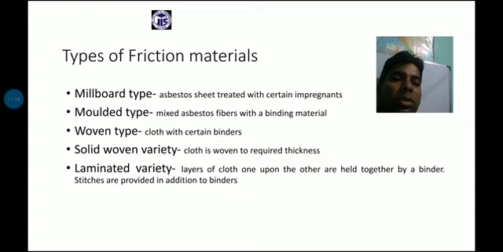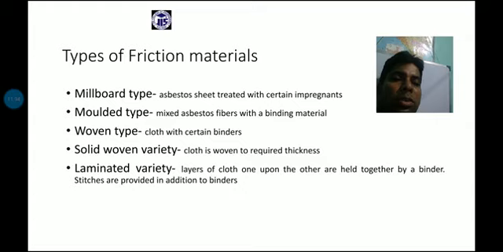Now point number 3, the plates are alternately fixed to the engine shaft and gearbox shaft.